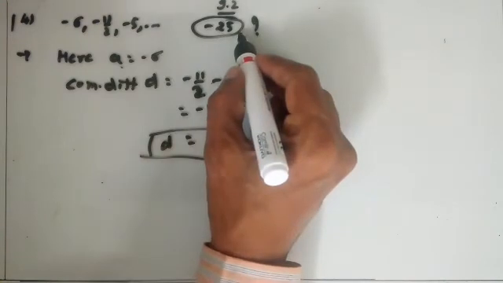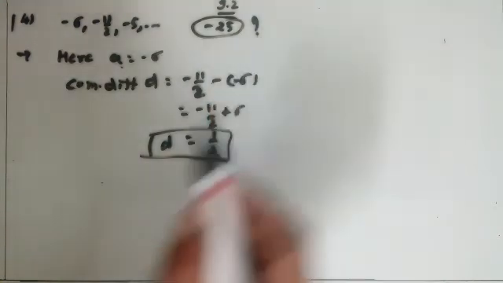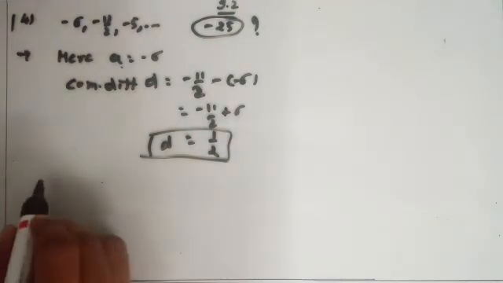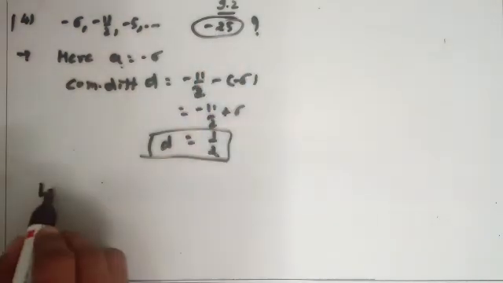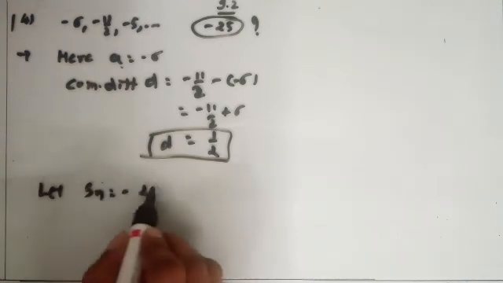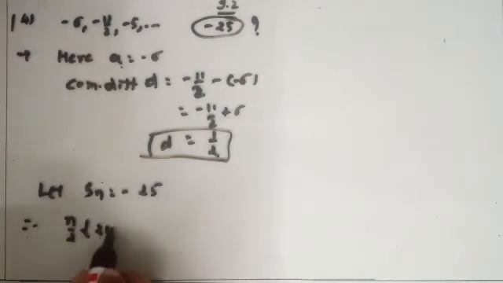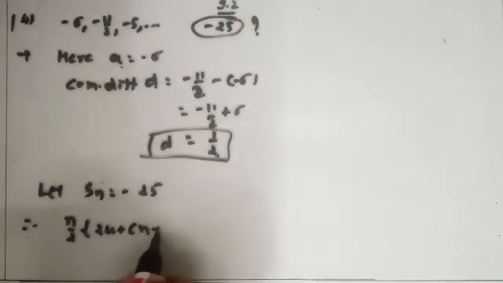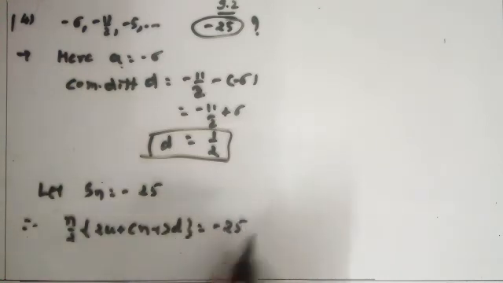Now we want to get the number of terms whose sum is minus 25. So first suppose the sum of n terms is equal to minus 25. Let Sn is equal to minus 25. Now we know that Sn is equal to n by 2 into 2a plus n minus 1 into d, is equal to minus 25.